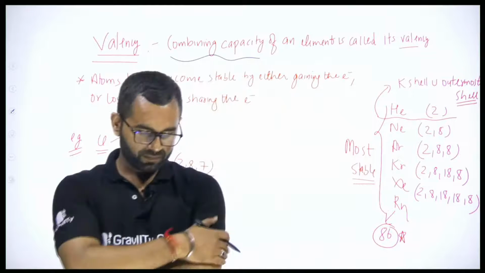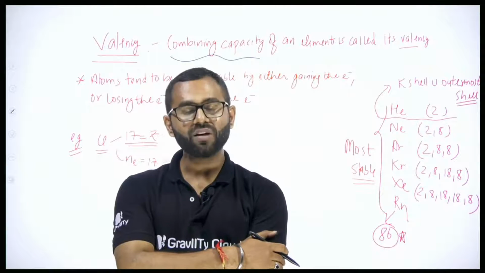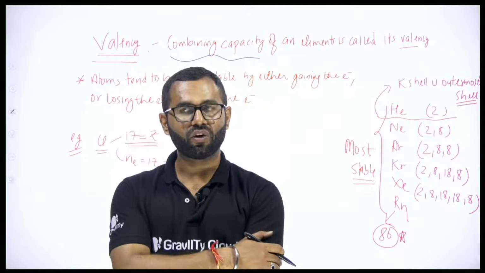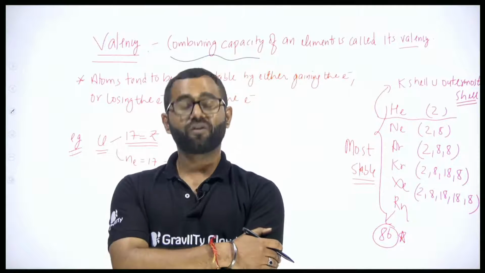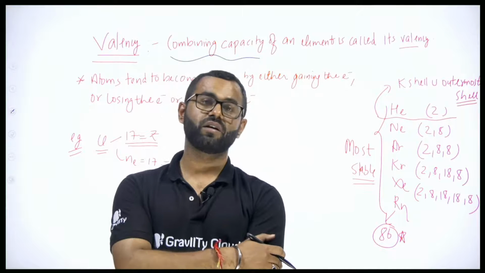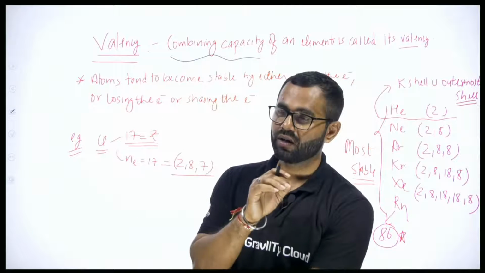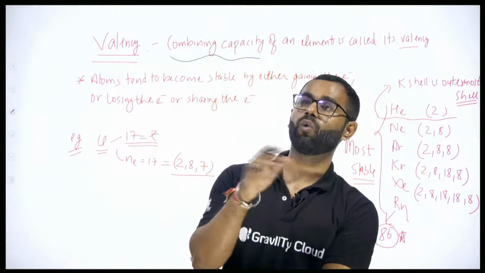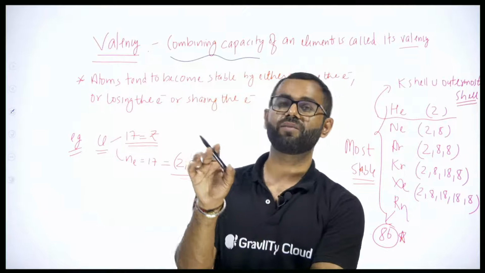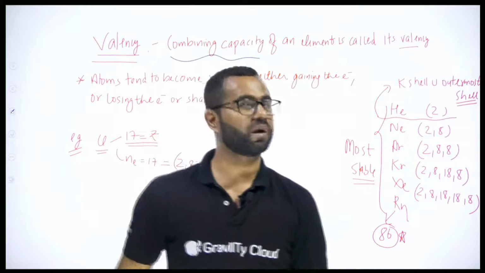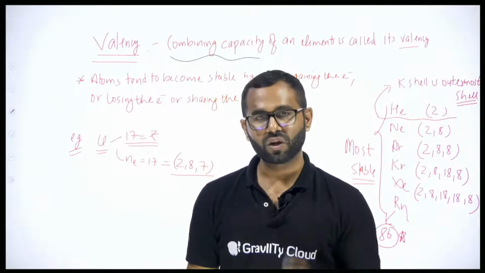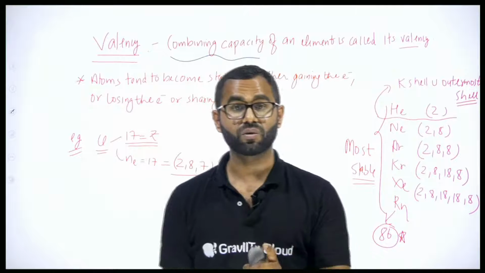Now remember, I've told you in the case of the Rutherford experiment as well as Bohr's experiment, that an electron moves out of the atom by gaining energy. When you give energy to an electron, it comes out, right?